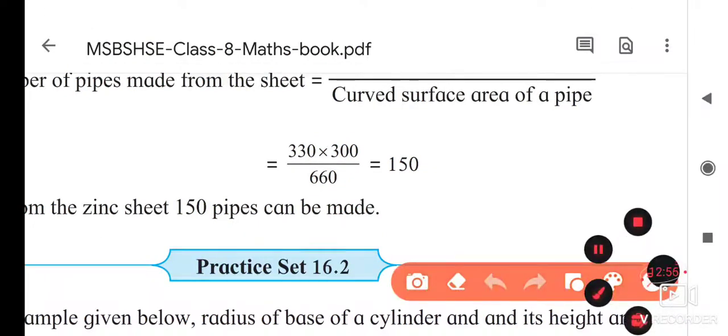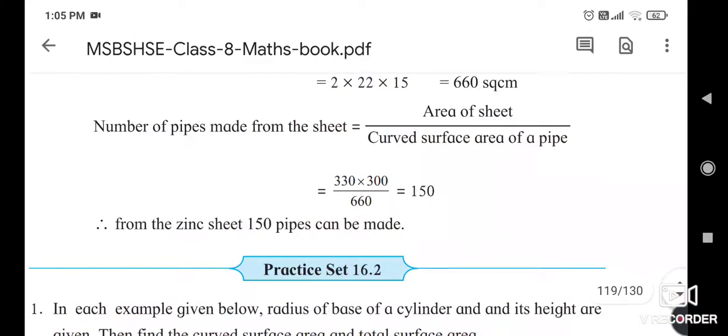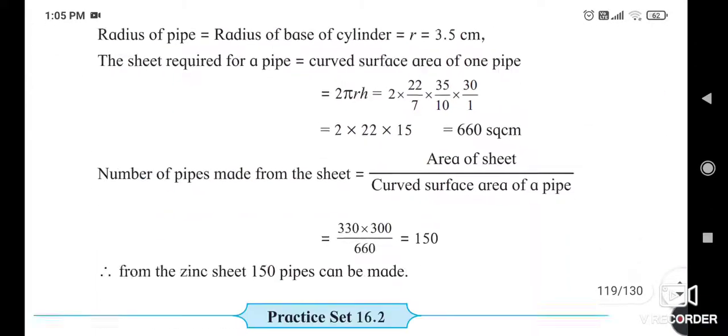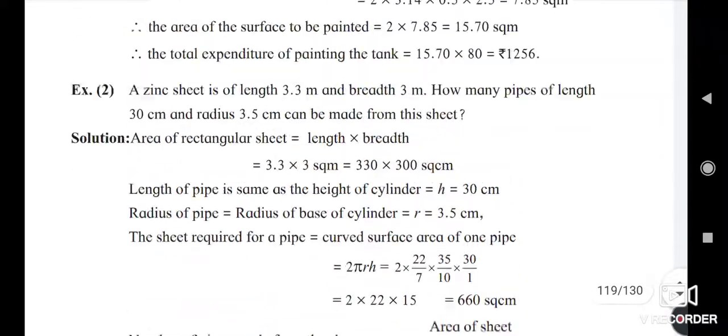So 330 into 300 divided by 660: 330 divided by 660, 2 threes are 6, and we get 150. So how many pipes can we make from that sheet of the given area? The number is equal to 150 pipes can we make from this sheet.